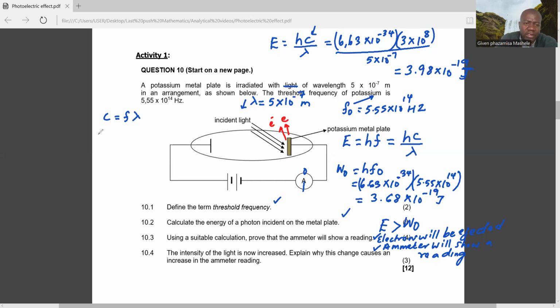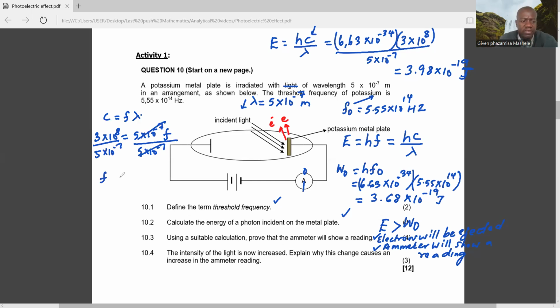The speed of light in air is 3 times 10 to the power of 8. We do not know the frequency, but we know the wavelength, 5 times 10 to the power minus 7. Then we make frequency the subject of the formula.